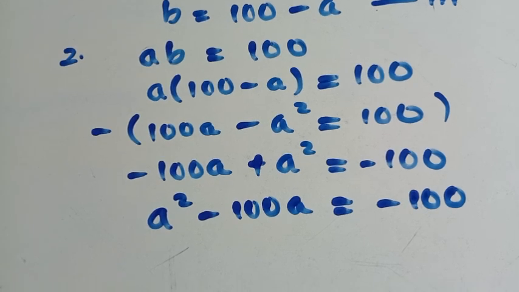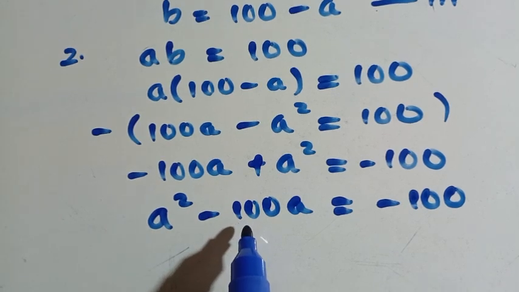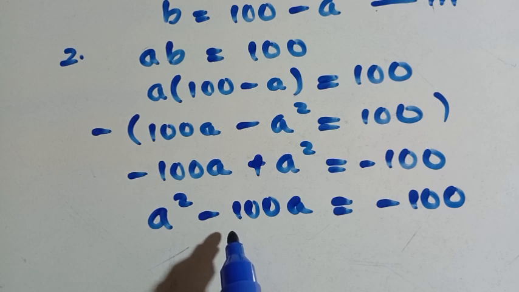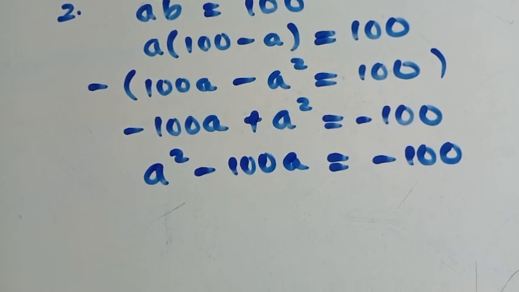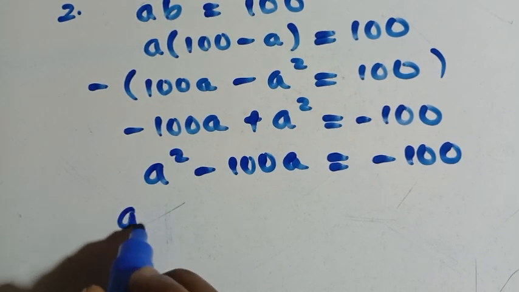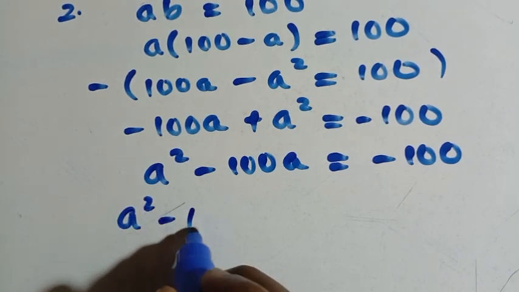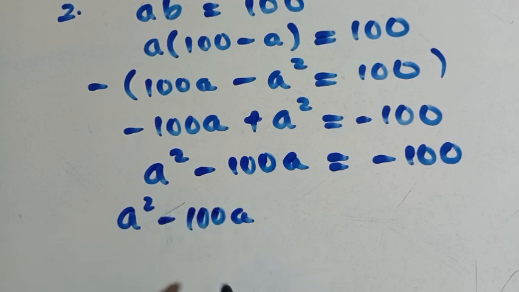Then suppose I divide this 1 by 2, so we are going to get 50. Then I'm going to square that 50 and add it to both sides. So by squaring 50, we have a squared minus 1a.